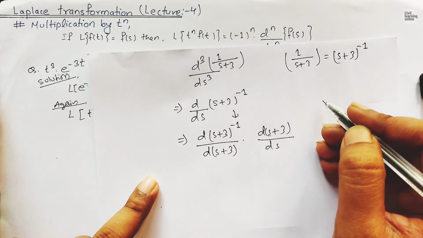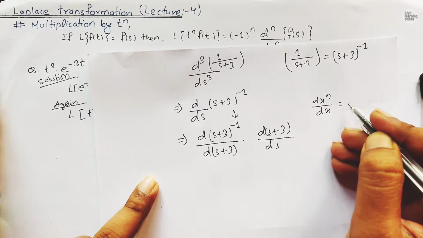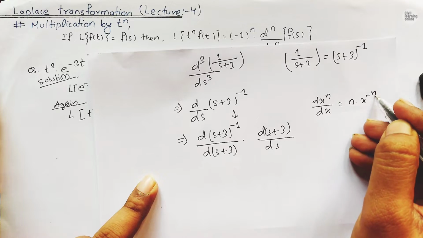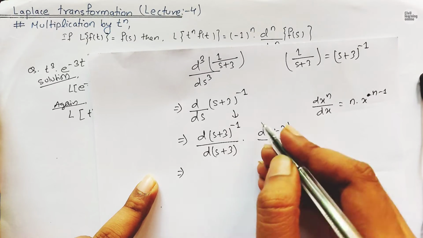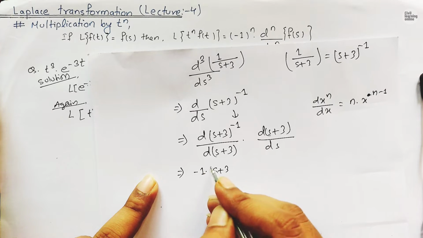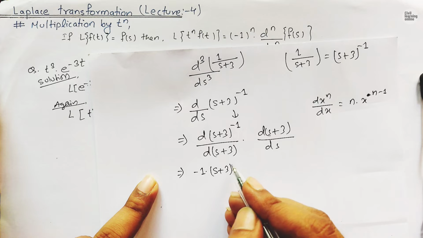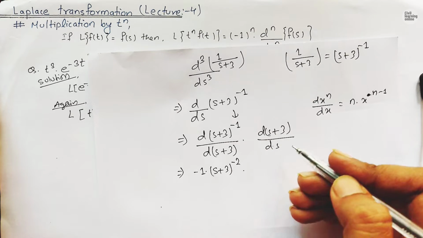We also know that the derivative of x to the power n with respect to x equals n times x to the power n minus 1. So we will have n, meaning minus 1, times (s plus 3) to the power minus 2 times the derivative of s plus 3 upon ds.